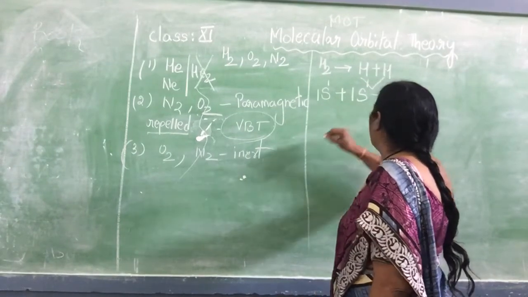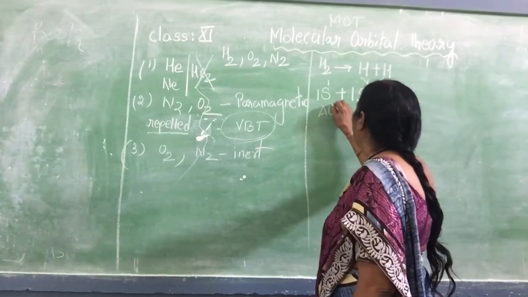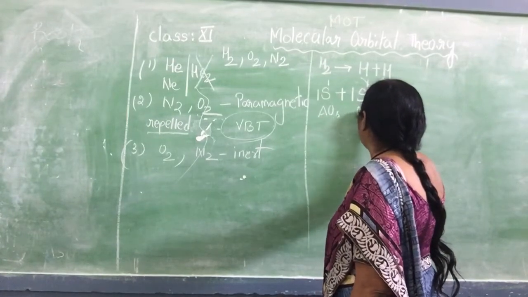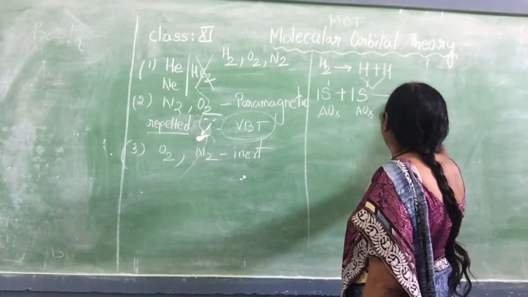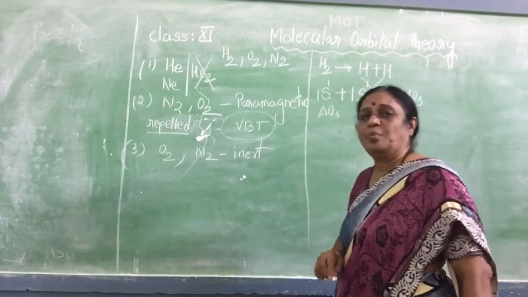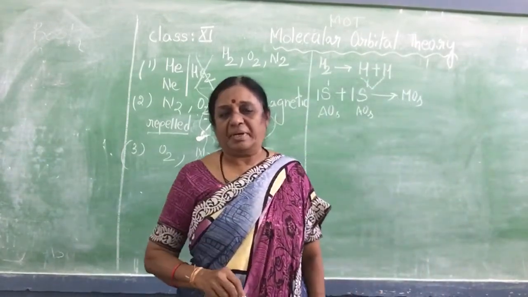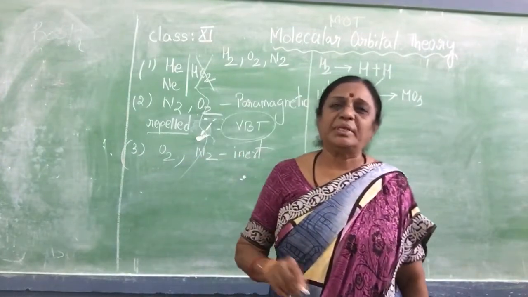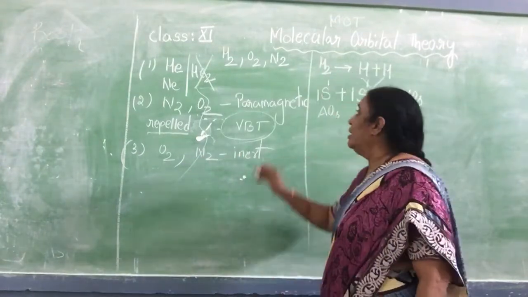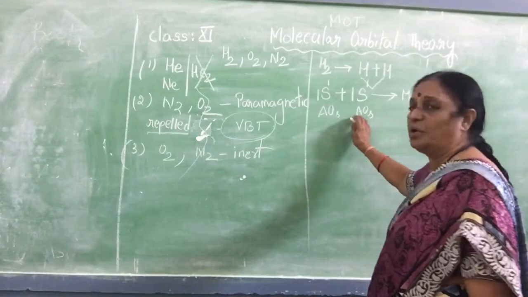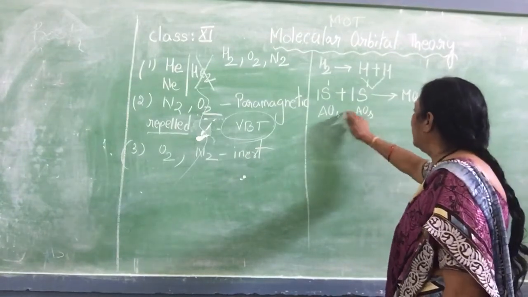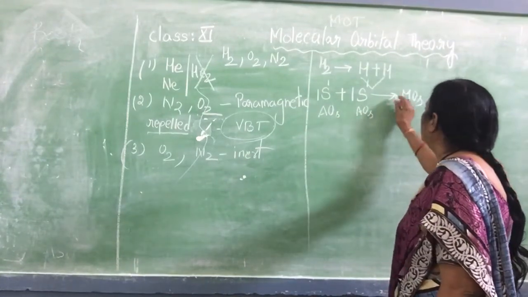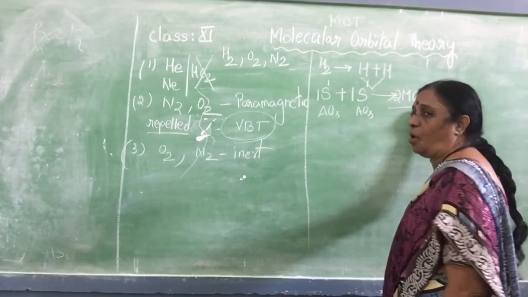They combine together. These are called AOs, atomic orbitals. So they combine together to form MOs, molecular orbitals. The number of molecular orbitals formed depends upon the number of AOs. Since there are two AOs, two MOs are formed.